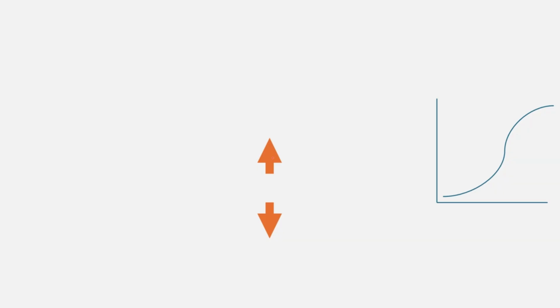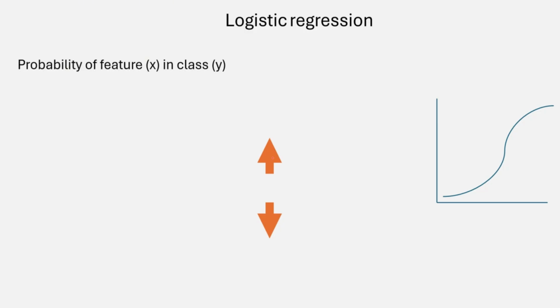First of all, I want to emphasize that logistic regression is basically derived from regression models. In the regression model, you will have the probability of the feature in the class Y. Here this is your feature, as we already told you in the previous class, and this is your outcome.